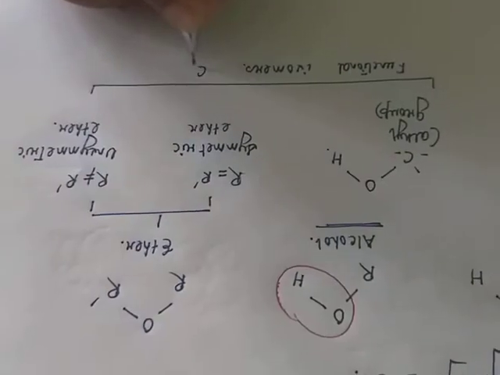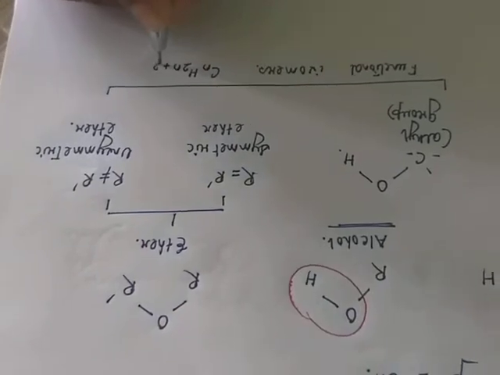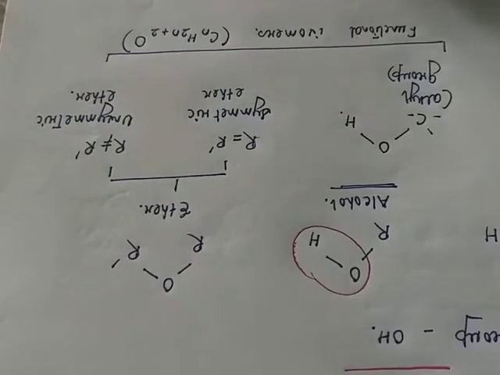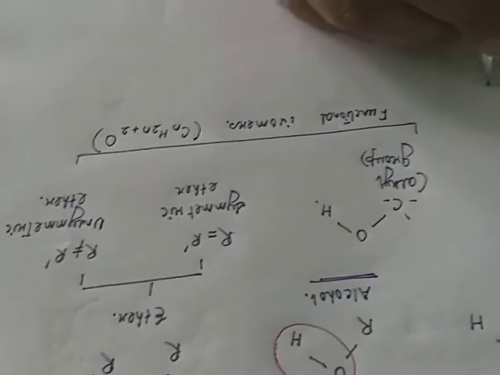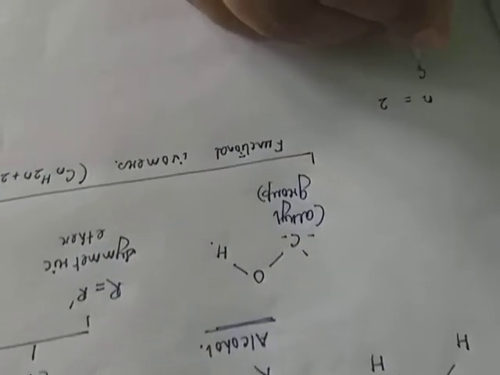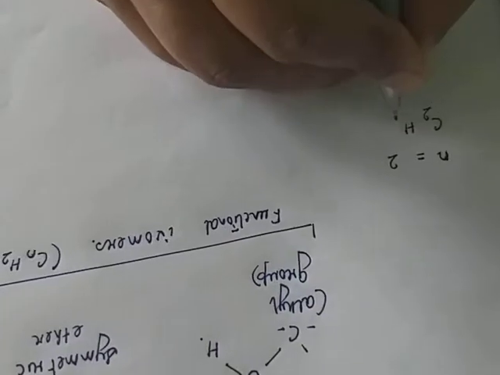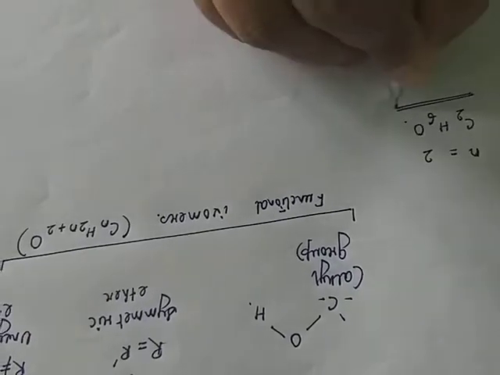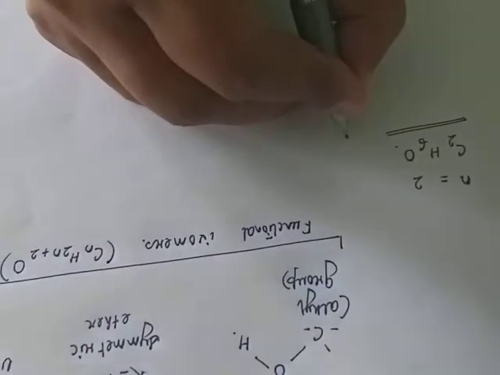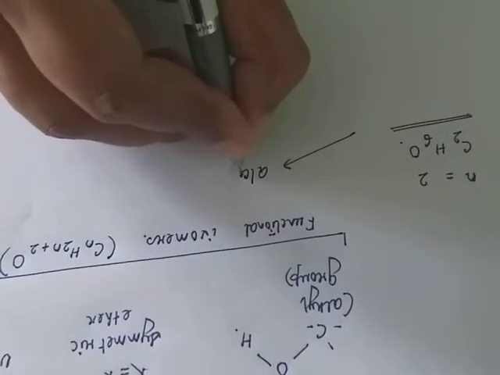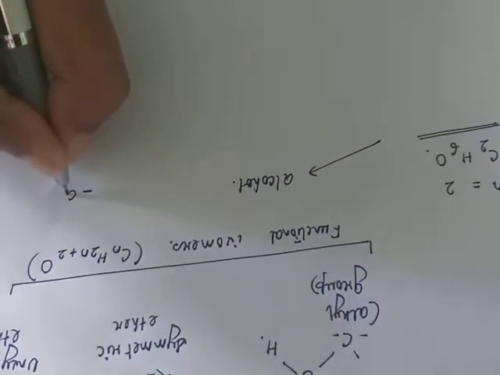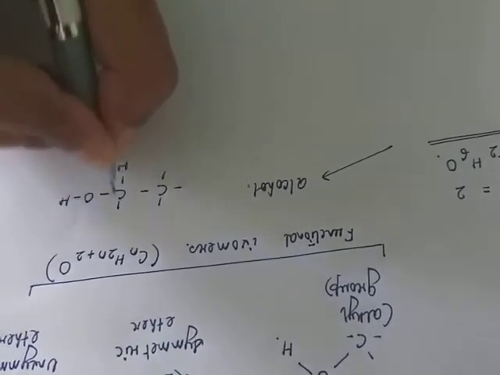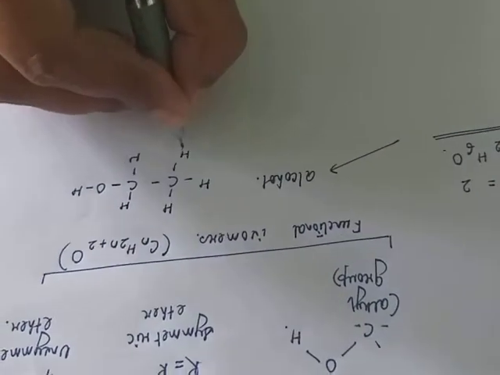With a general formula CnH2n plus 2O, if we take an example of n equal to 2, it will be C2H, 2 into 2 plus 2 means it is 6, O. Corresponding to this molecular formula C2H6O, we could have one alcohol as OH, with the two carbons satisfying tetravalency, that means this will be ethanol.